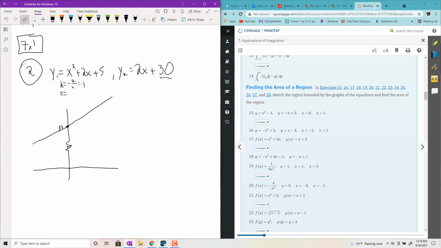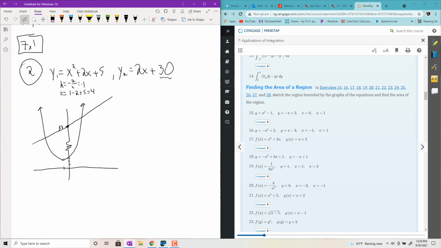The y coordinate, you plug negative 1 into the equation, so you get 1 minus 2 plus 5, which of course is 4. Find where that is: negative 1, 1, 2, 3, 4, about right here. Its leading coefficient is positive, so it's going up like this, and you have a picture of it.